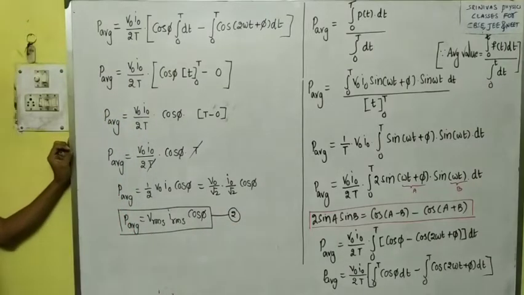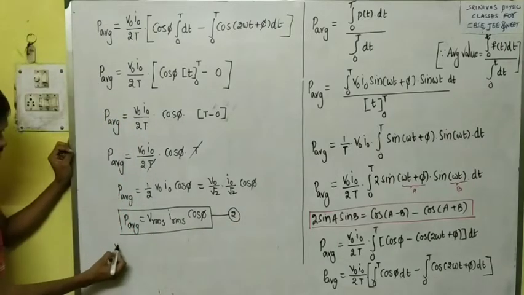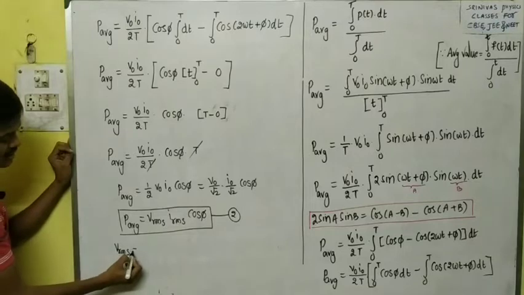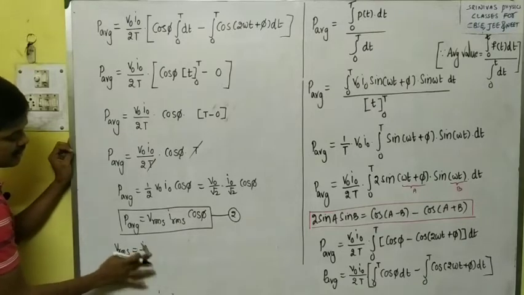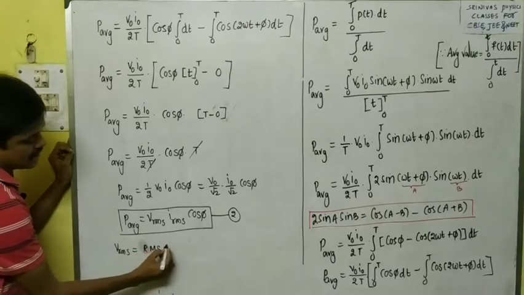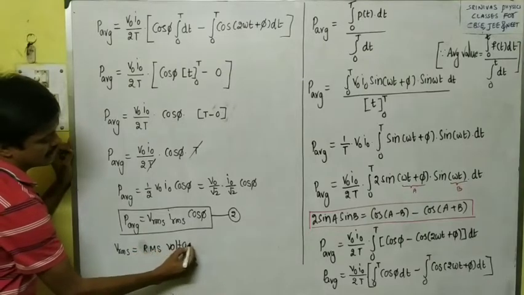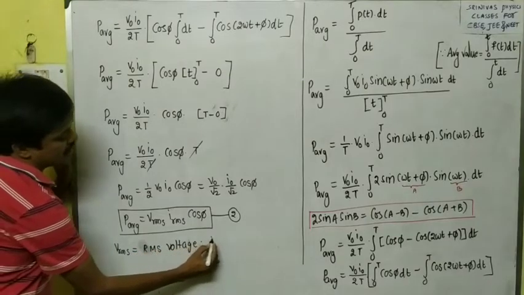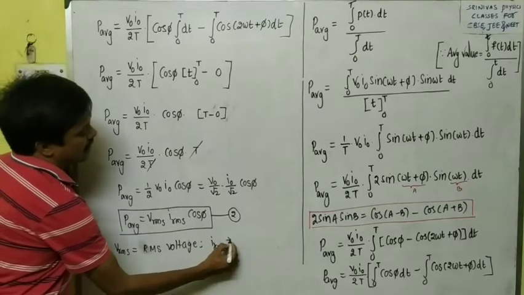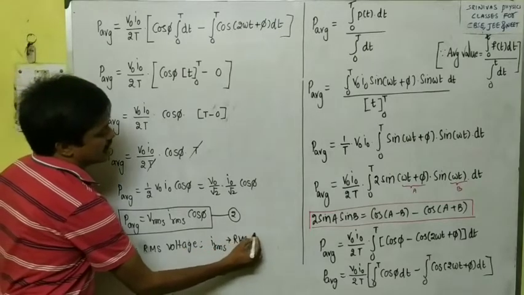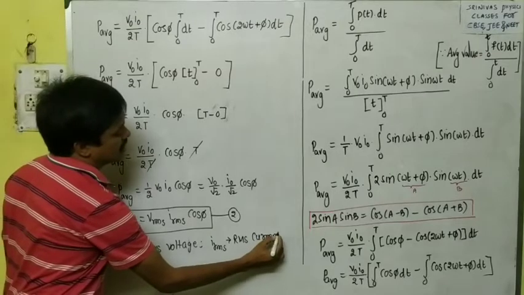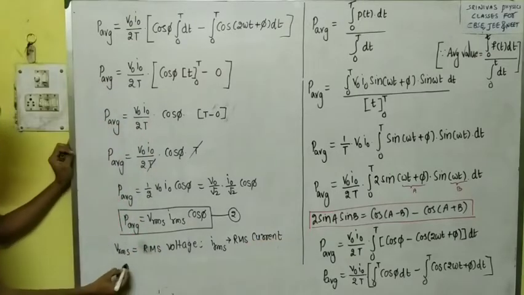Generally, what is VRMS here? VRMS is V naught by root 2; we can say that it is the RMS voltage. What is IRMS? RMS current. What is phi?